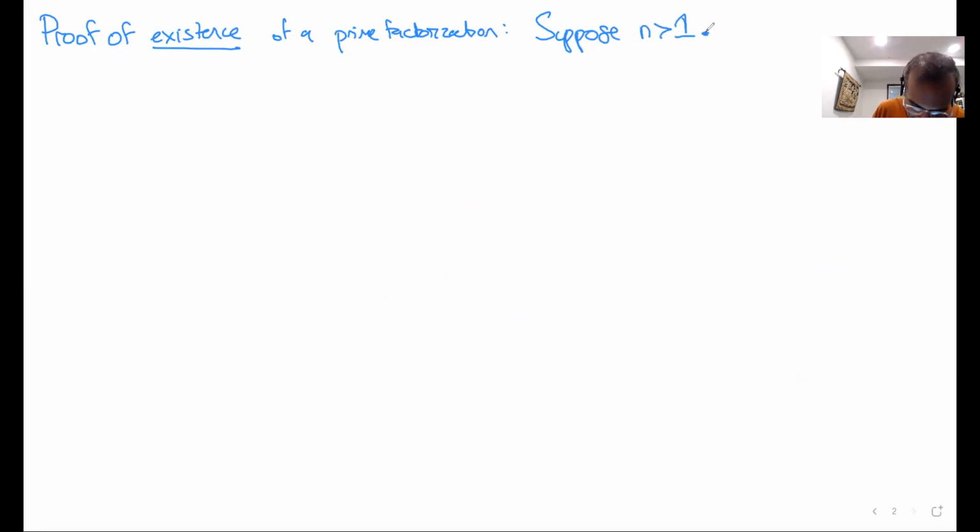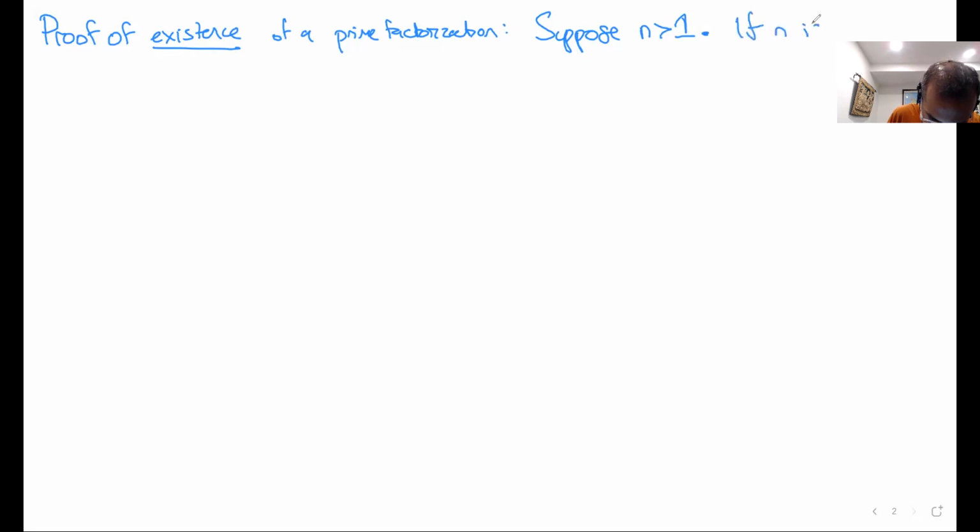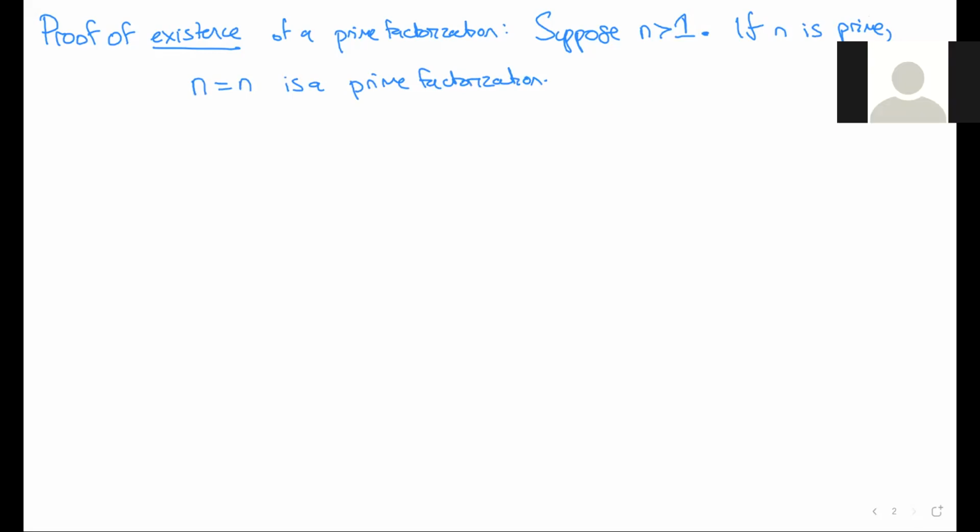If n is prime, I'm done, right? If n is prime, n equals n is a prime factorization. So that case is easy. Now, if n is not prime, what should I do? You can find a prime divisor of it. Yeah, by lemma 1, right?